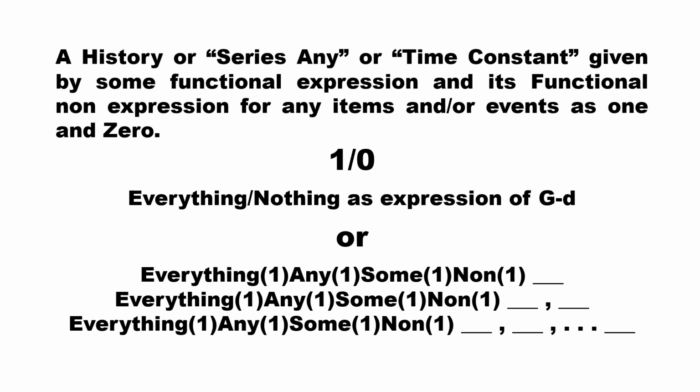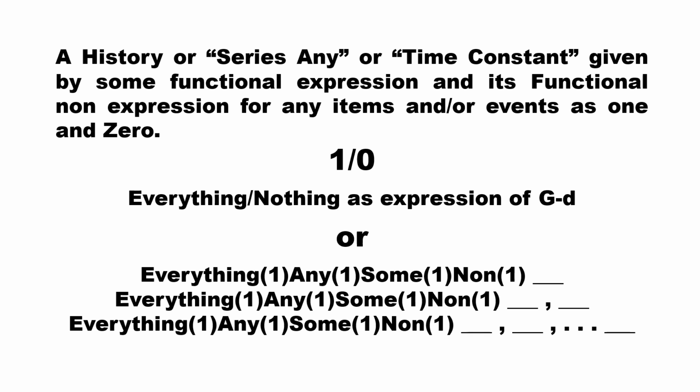And here's an additional interpretation of the history concept for any depicted items and or events or object and or objects. It's more utilizing expression mathematics principles here, expressing any object and or objects as some variation of expression and non-expression.